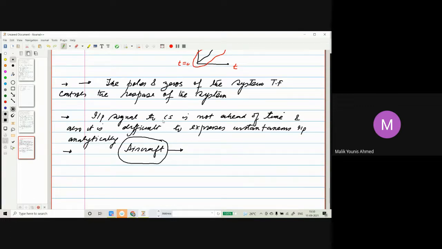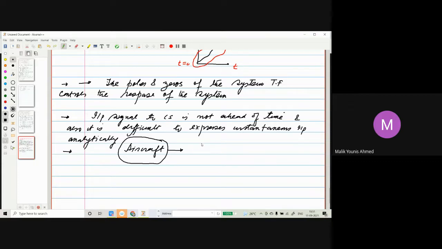There can be a lot of disturbances. The types of disturbances that occur externally to the aircraft during the flight are not known ahead of time.